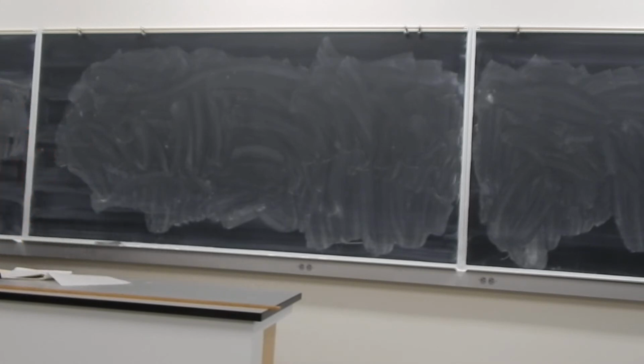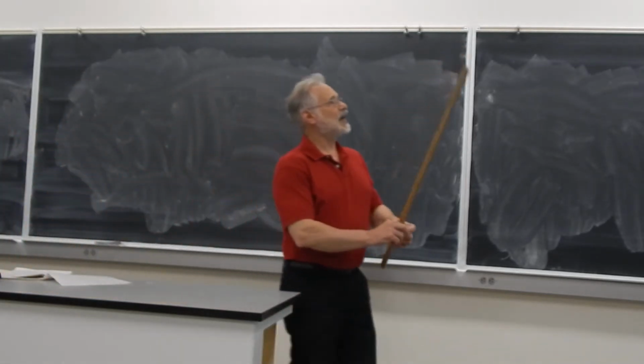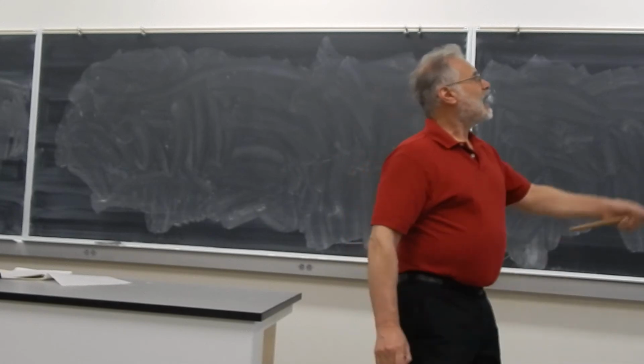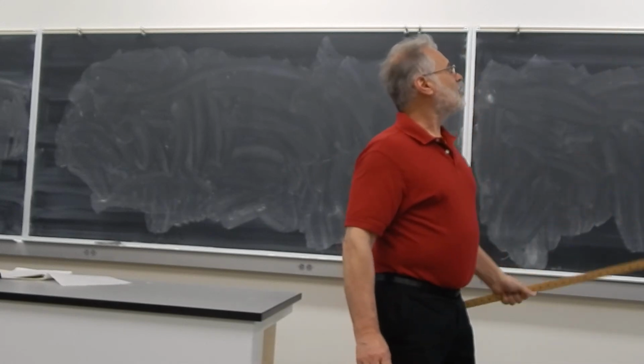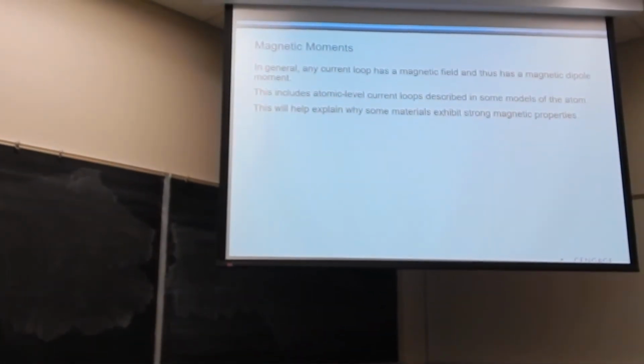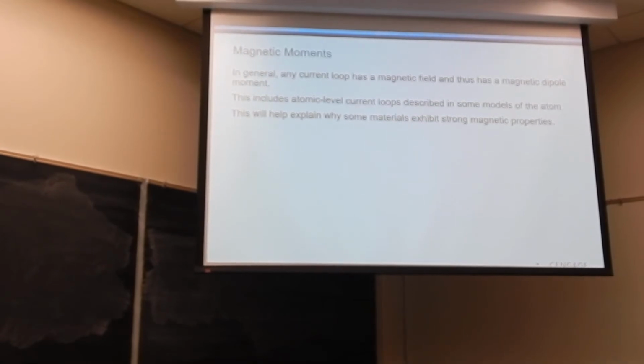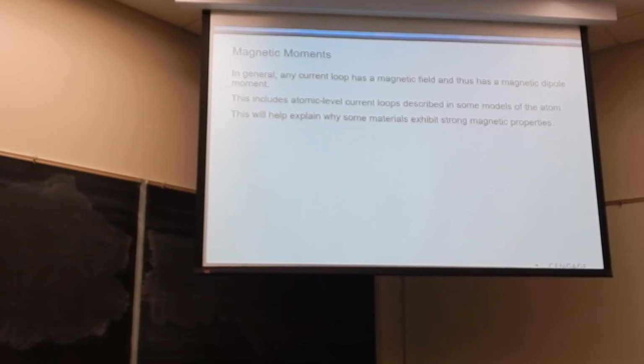But for now, let's motivate this by talking about magnetic moments. So in general, any current loop is going to have a magnetic field and will have a magnetic dipole moment. So we could even go down to the atomic level and talk about current loops even in models of the atom. We're going to use this to describe why some materials or elements have strong magnetic properties while others don't.